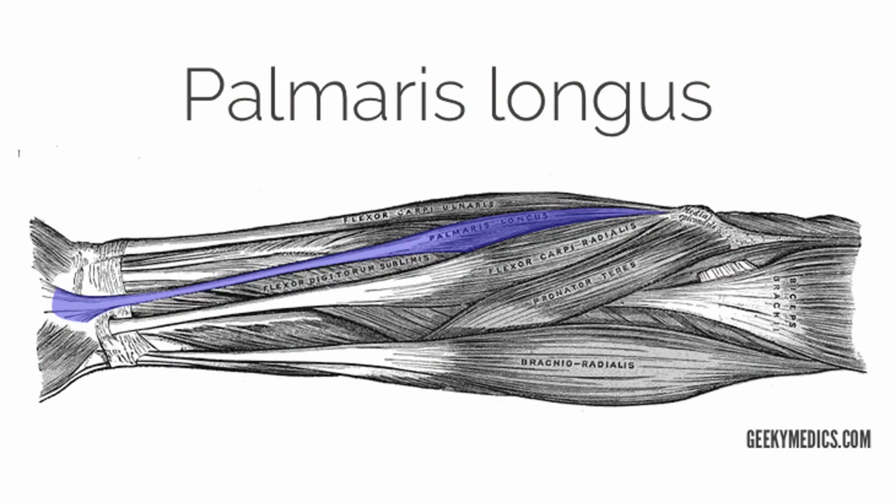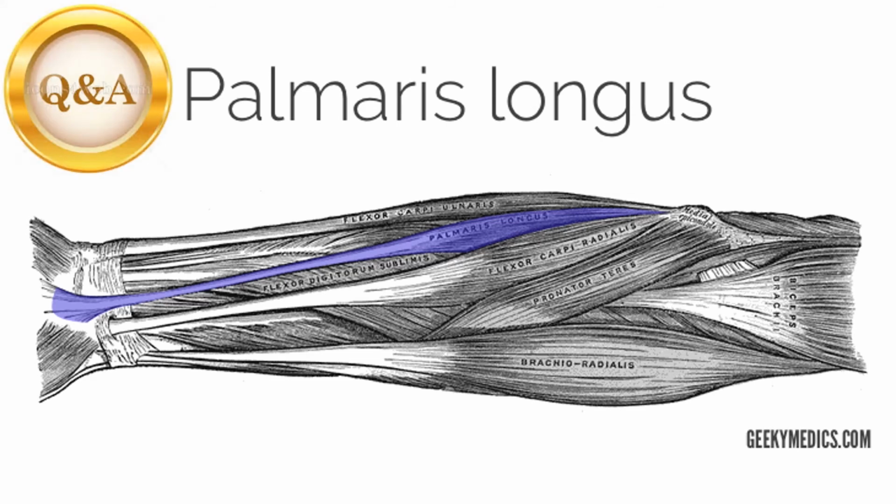This colored muscle is the palmaris longus, a member of the anterior flexor compartment of the forearm. Now, we should analyze the situation here by asking ourselves several questions and try to answer them. This is the palmaris longus.